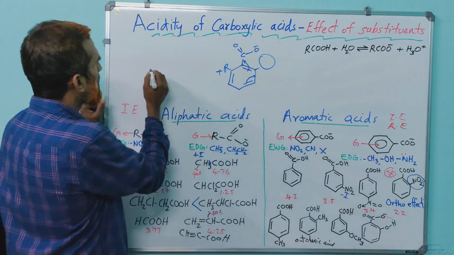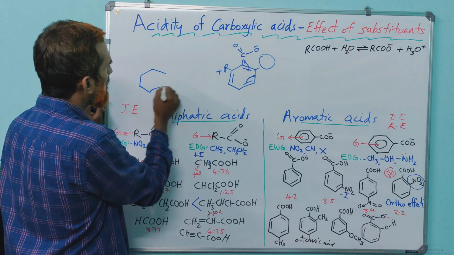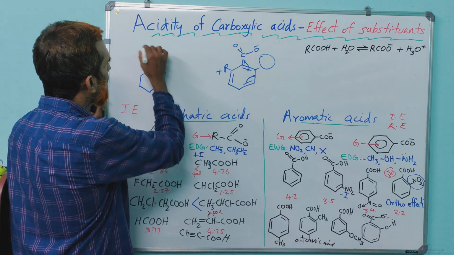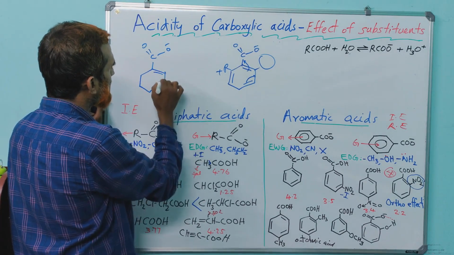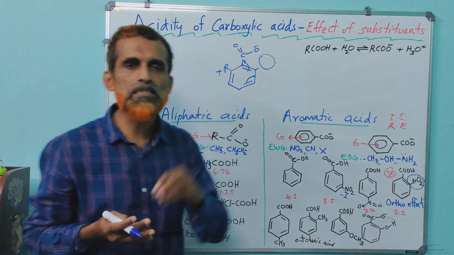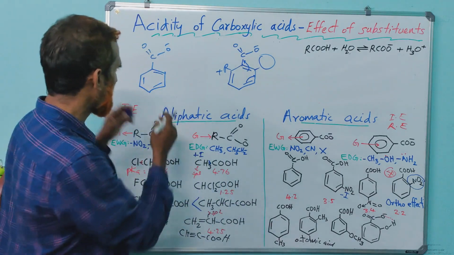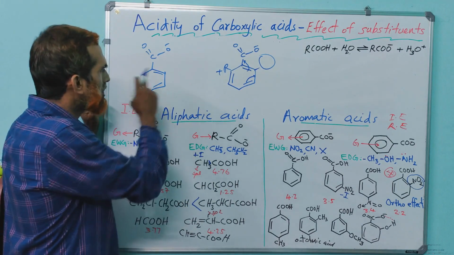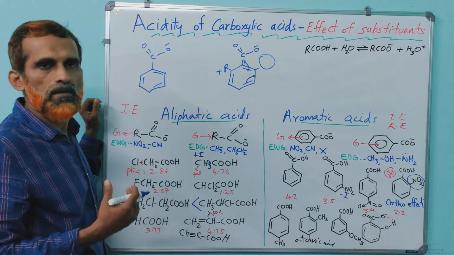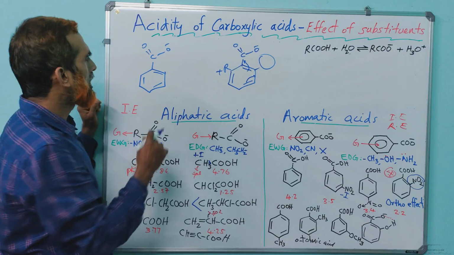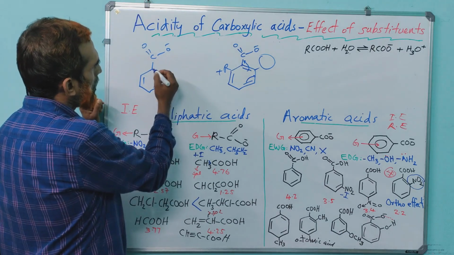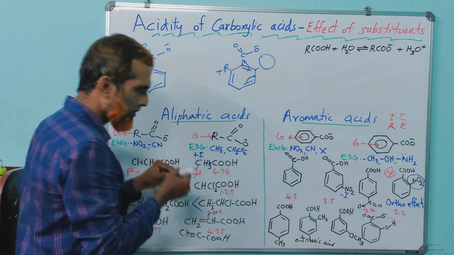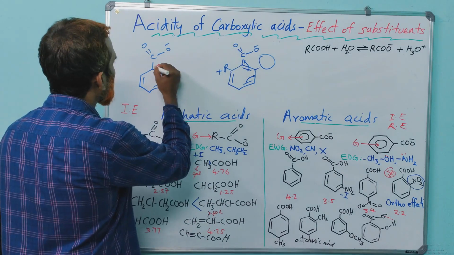See, generally if you consider aromatic acid, that is benzoic acid, they are found to be generally stronger than aliphatic acid. See, benzoic acid is stronger than acetic acid slightly. The reason is, one point is that this carbon is sp2, correct?